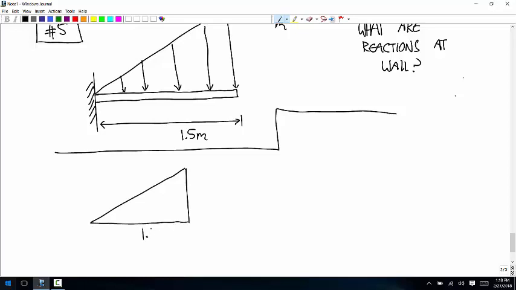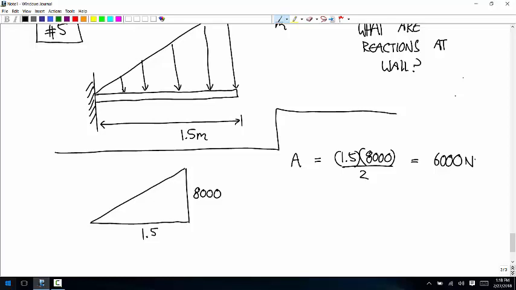The base is 1.5, the height is 8,000. So the area is 1.5 times 8,000 divided by 2. So that's 6,000 newtons.